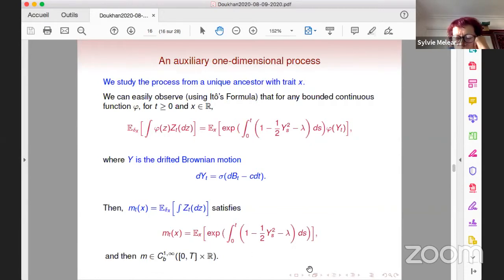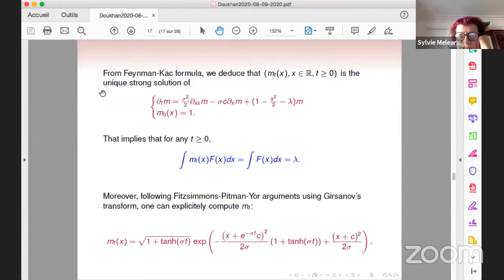And we can do a lot for this function here because the process is very simple. By the Feynman-Kac formula, we can prove that it is a solution of this new PDE. And by probabilistic arguments using the Girsanov transform, we can explicitly compute the function.